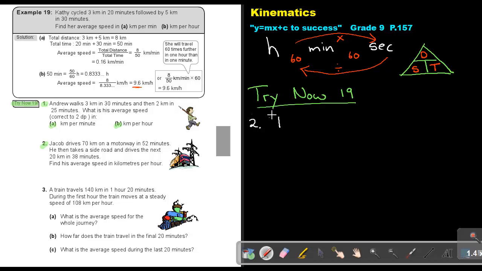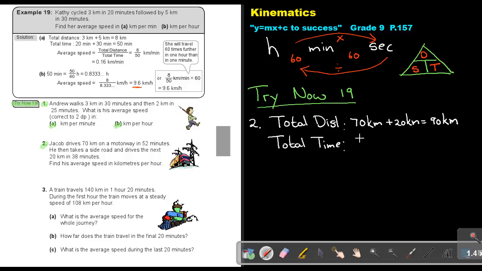So let's first find his total distance. That will be the 70 kilometers plus the 20 kilometers, and that will be 90 kilometers. Then we're going to find his total time. That's going to be the 52 minutes plus the 38 minutes, and that's going to be 90 minutes.